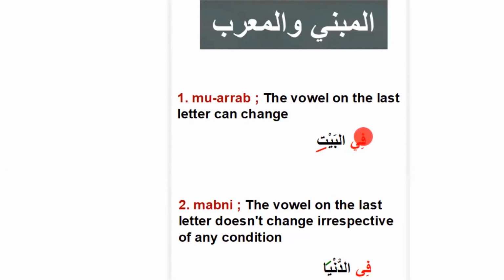Fi will always be spelled fi, no matter whatever condition it finds itself. So that's what I said. Please take note of this. All the huruf, whether it is harful jar, whether it is harful istifham, whether it is harful atf, all the huruf, they are mabni. They don't change.